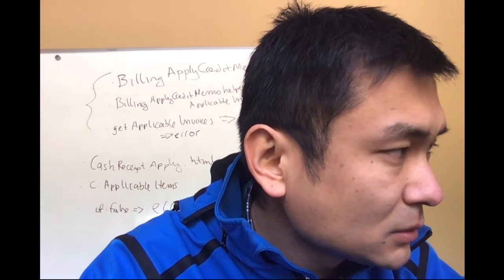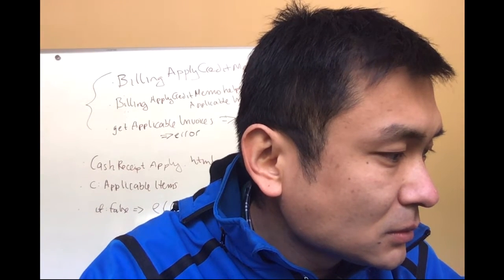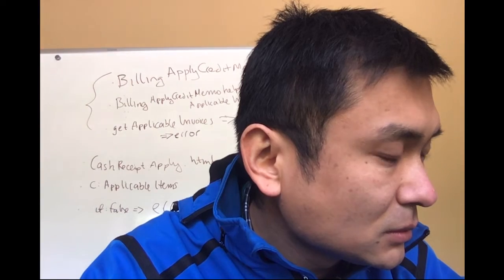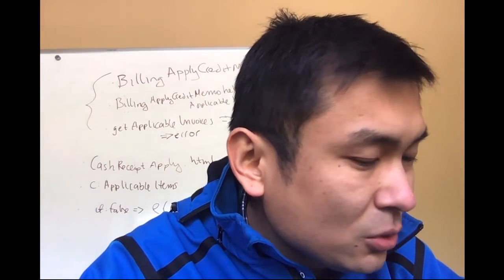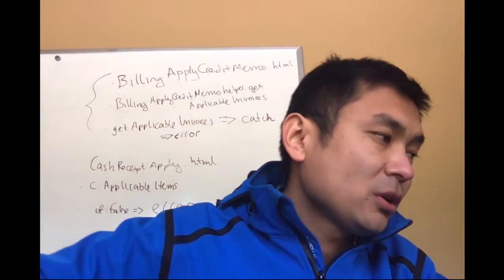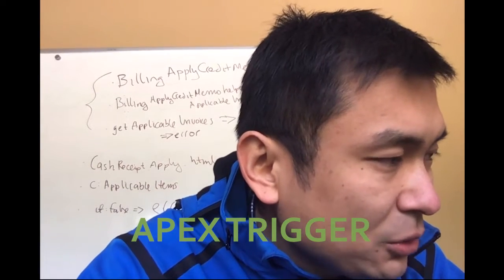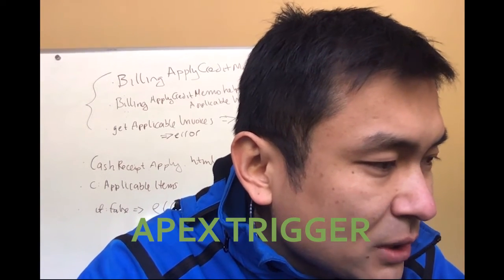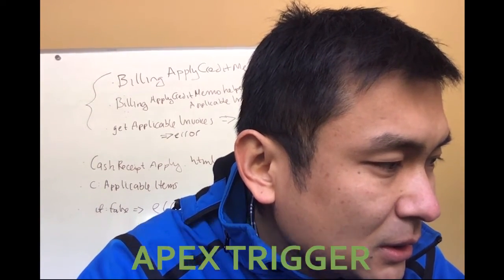So when you're writing an Apex trigger, how do you make sure that your trigger can handle up to 200 records in one transaction successfully? Yeah, so your question was, how do you ensure that the trigger handles 200 records at a time? Yeah, the trigger by default accepts 200 records at a time.